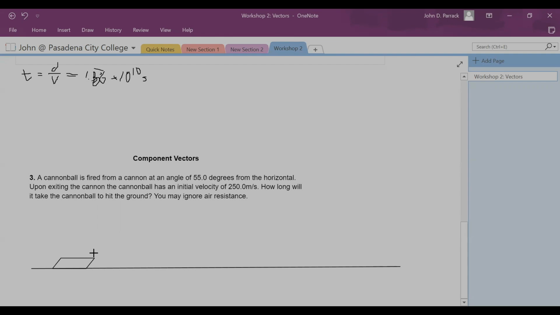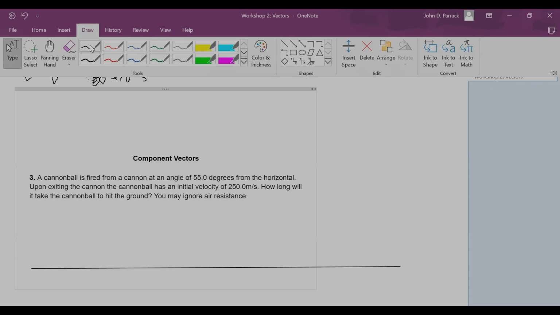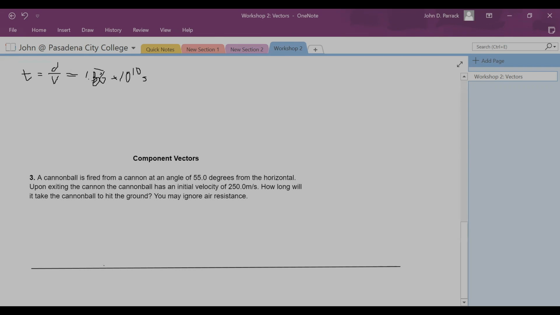Let me see. Can I represent this cannon as this box here? Let's see. No, that's not great. Let me try and draw it for you guys. So it says that it is 55 degrees up from the horizontal. So if we take an angle here of 55 degrees, 55 degrees higher than this horizontal line, that's the line that our cannon is firing over.